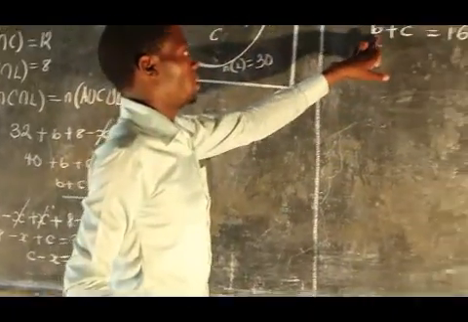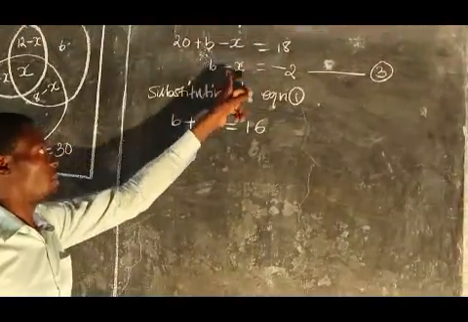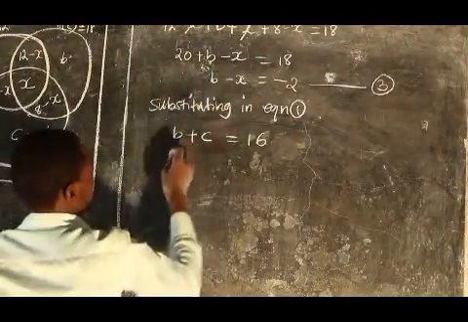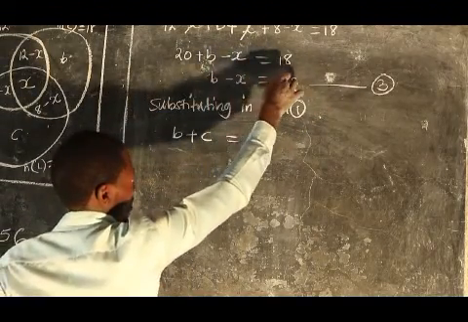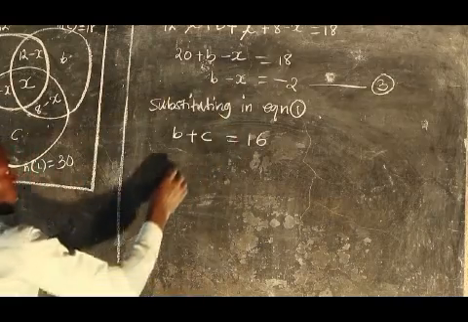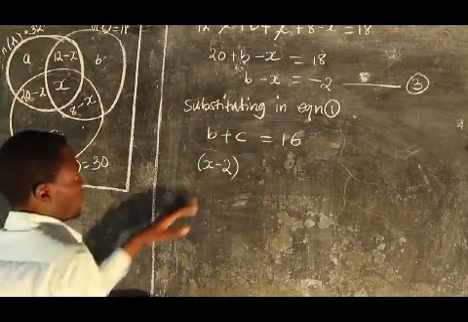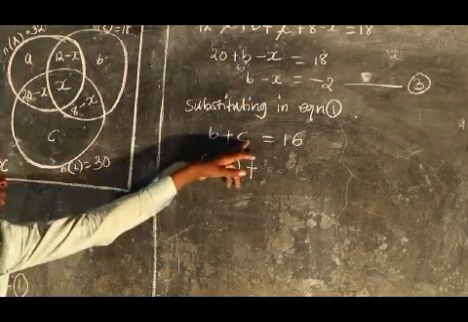Now we're going to bring b. We make b the subject by taking this one to the other side. It's going to become b equals x minus 2. So here we're going to have x minus 2 in position of b, plus, how are we going to obtain c?